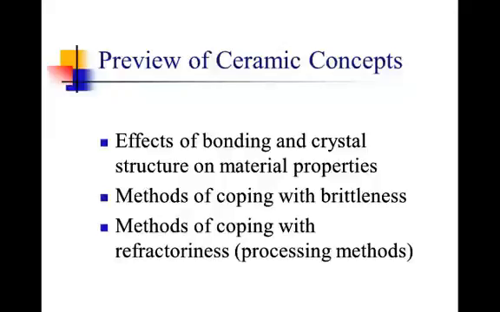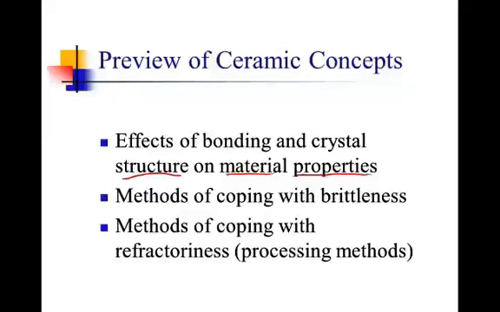And we're going to follow the paradigm of material science when we discuss that. And again, to remind you, the class of material and the way in which it's processed controls its structure. And the structure and the composition of the material controls the material properties.